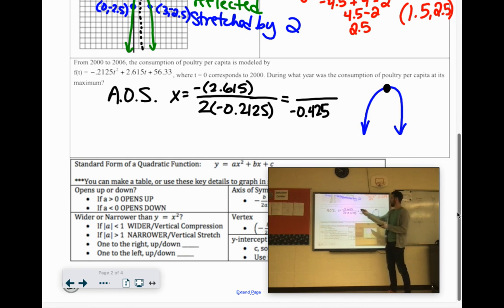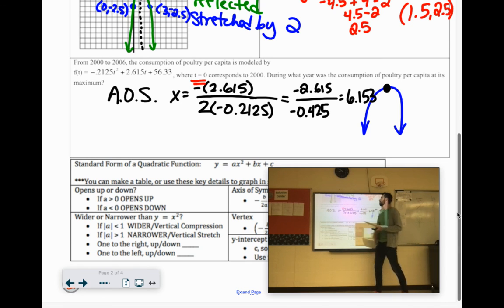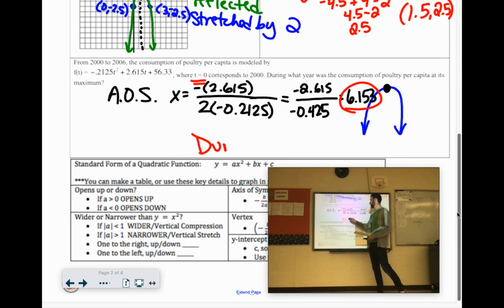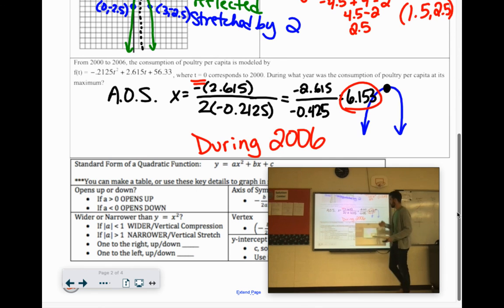And then the numerator, the negative 2.615 divided by that will come out to 6.153. So these are years, right? Year 0 was the year 2000. So this is like 6.1 years later. So that would be during 2006. So that's great. It's during the year 2006. That's all they're asking for here.